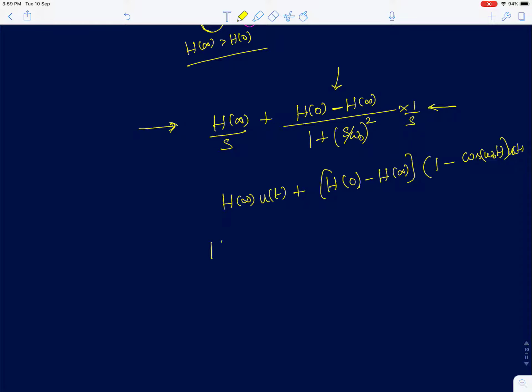Okay, so this I'm going to rearrange and write it as h of 0 into u of t plus h infinity.